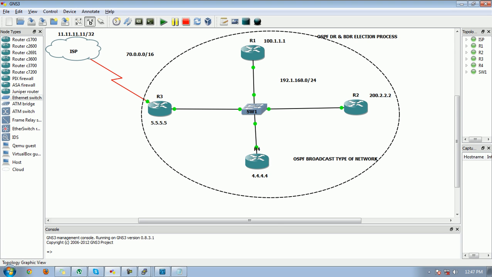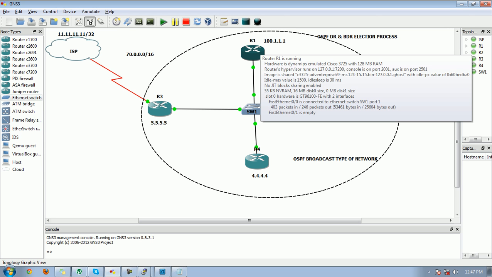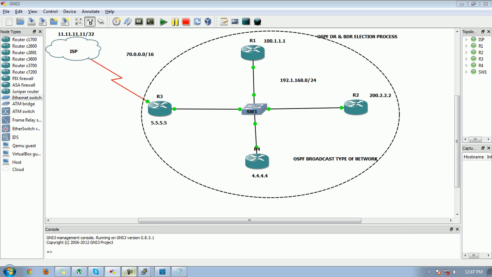So what I'll do now? I'll give R1 some higher value router ID. Just a minute. So let's make the router IDs like 10.0.0.0 here, 9 here because I want this one to be a BDR, then 8 here, 7 here.